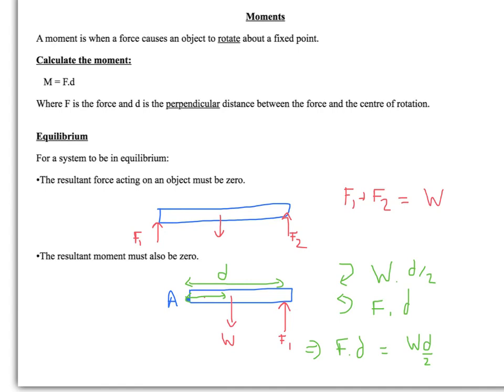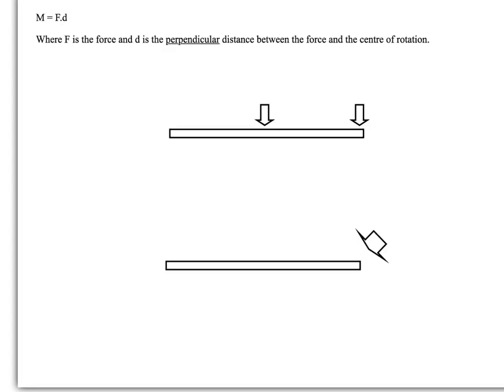So let's move on. In the last example we looked at something fairly simple, but what if the forces are applied at angles? How do we deal with that? In both of these cases we're going to say the centre of rotation is this point A at each end.